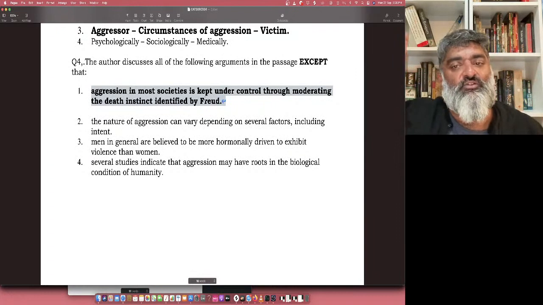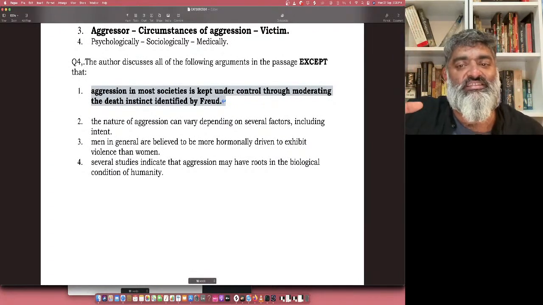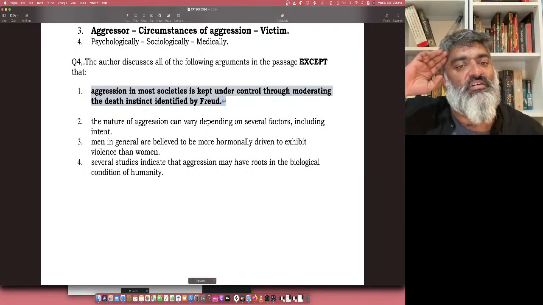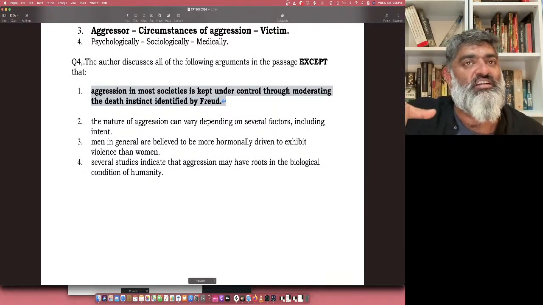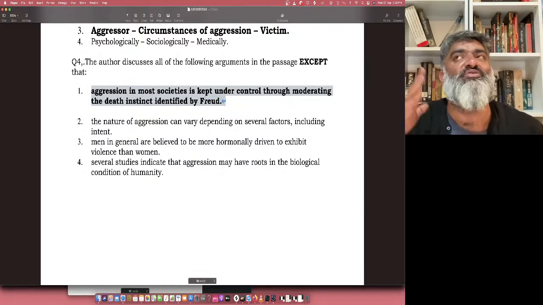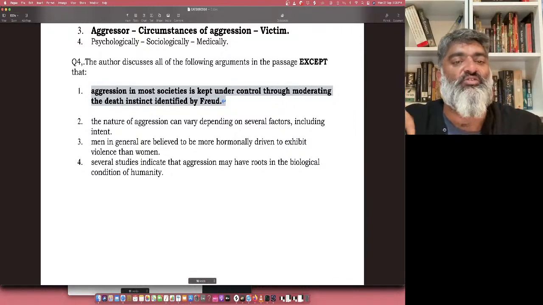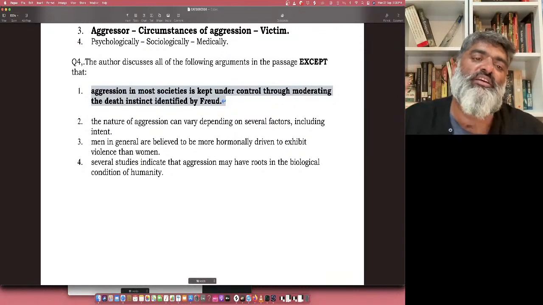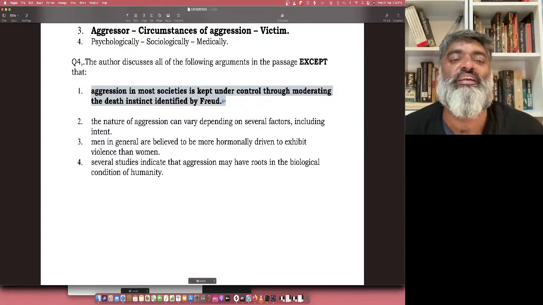I remember Freud said there is a death instinct, but I don't remember anything about societies keeping aggression under control at all. No mention of society trying to keep aggression under control. So if somebody is choosing this thinking it was mentioned in the passage, it's just poor reading. That's all.